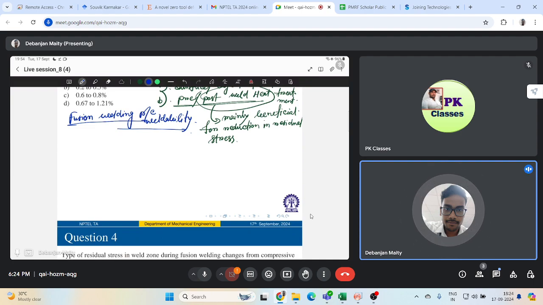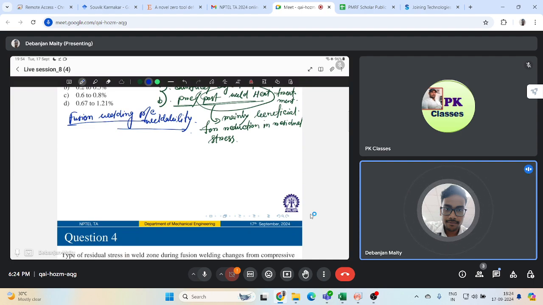So what were the factors I was talking about? In both fusion welding or solid state welding, whatever welding technique, the material properties that will affect my weldability will be common in nature, right?